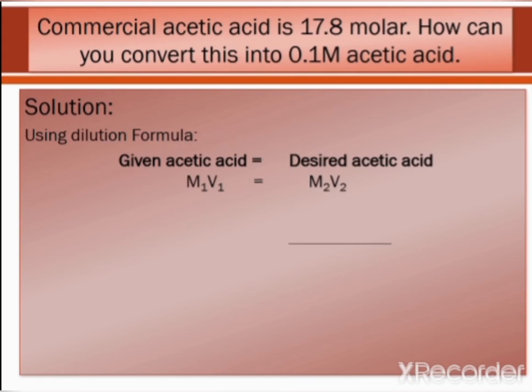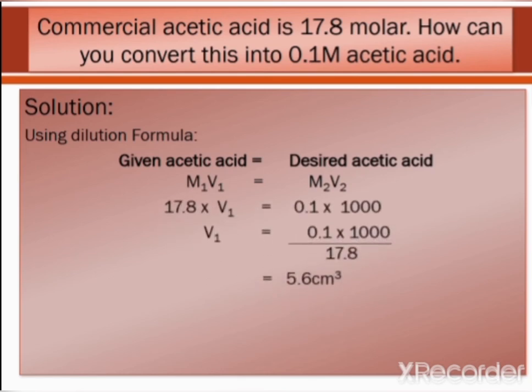Since we are provided with 0.1 molar acetic acid, it is always prepared in 1000 cubic centimeter volumetric flask. So V2 is 1000. For calculating the value of V1, V1 is equal to 0.1 into 1000 divided by 17.8. Answer is 5.6 cubic centimeter.